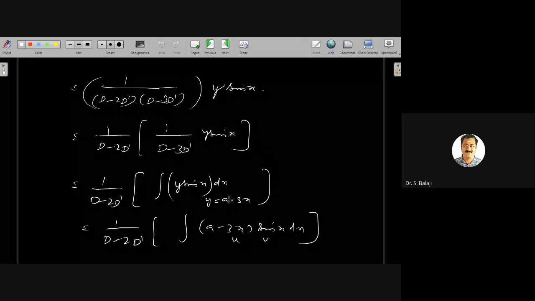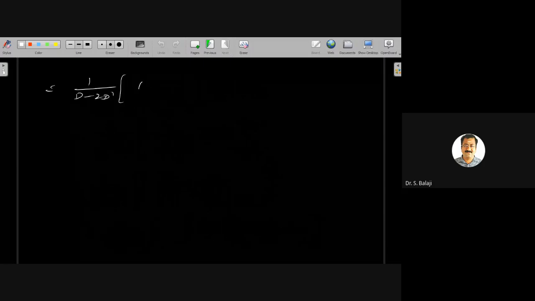Now 1/(D − 2D′). Bernoulli's formula is uv1 − u′v2 + u″v3 − and so on. Here u is a − 3x. v1 means integration of sin x, which is −cos x.